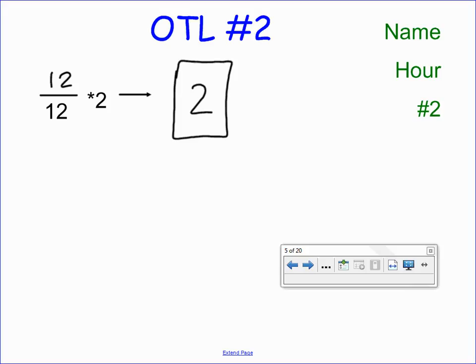That little staple never got to leave, so right. Thank you. Go with number 2 if you did it. OTL number 2. Thank you, ladies and gentlemen, for your help grading those each and every day. I appreciate it.